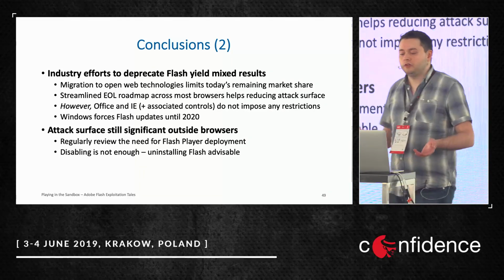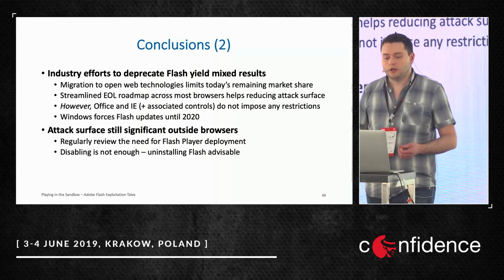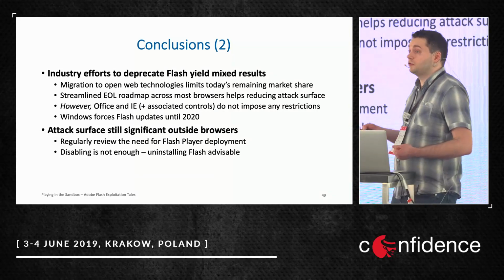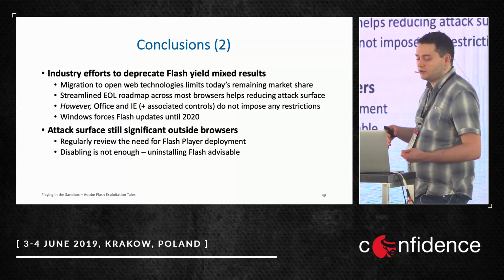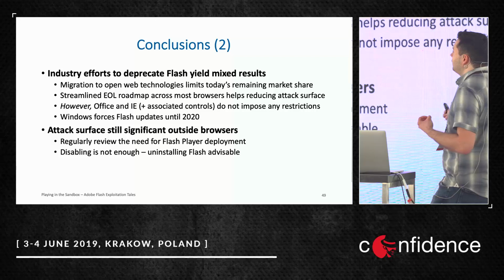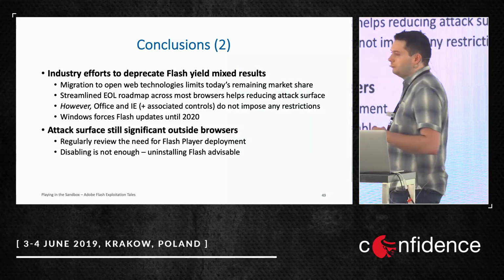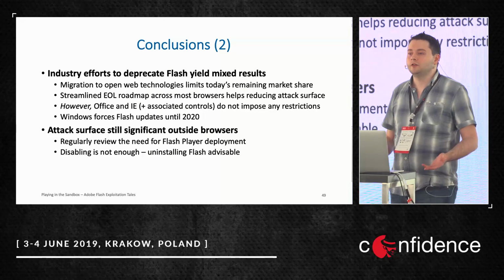As we've seen, the web is migrating from Flash to other technologies, and most of the browser vendors are also deprecating Flash, but two other major attack vectors, Office and Internet Explorer, are still vulnerable because they do not impose any restrictions.